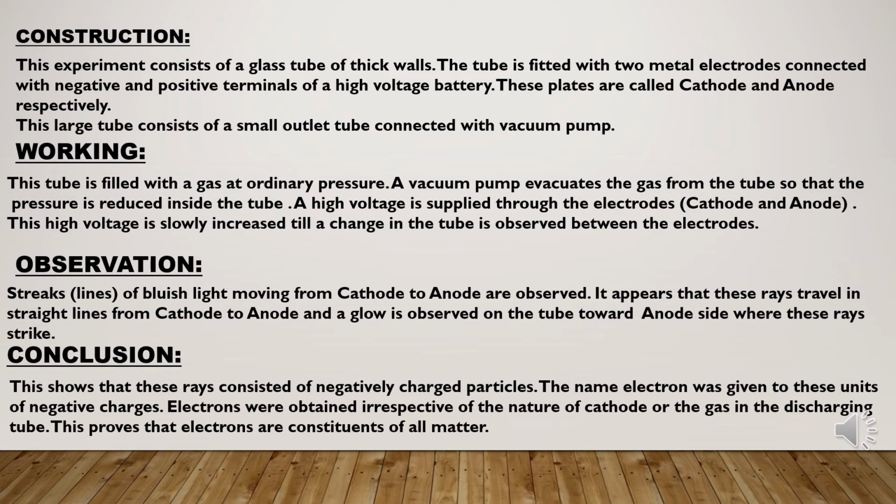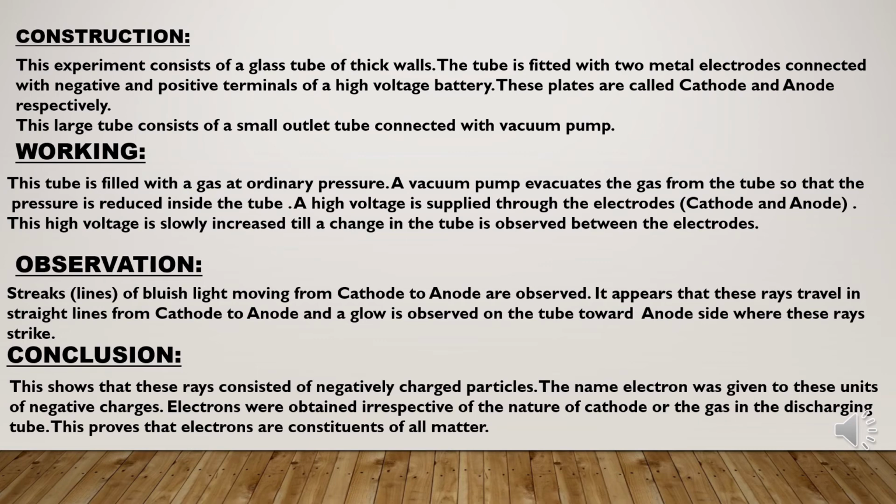So, what was the result of the experiment? The experiment shows that these rays consisted of negatively charged particles. The rays coming from the cathode are negatively charged particles. The name electron was given to these units of negative charges. Electrons were obtained irrespective of the nature of cathode.